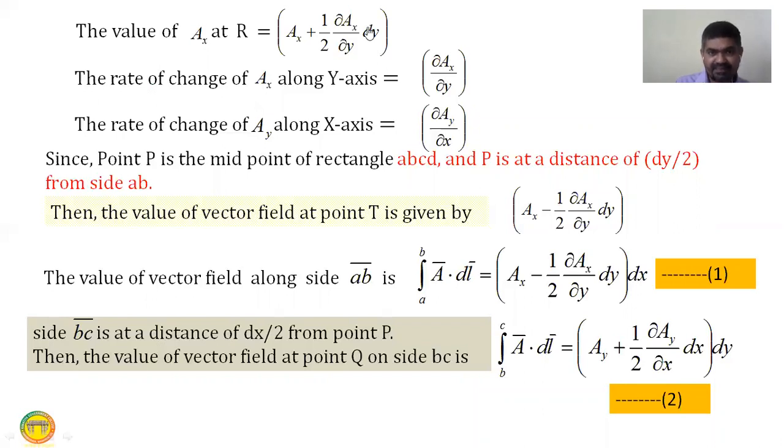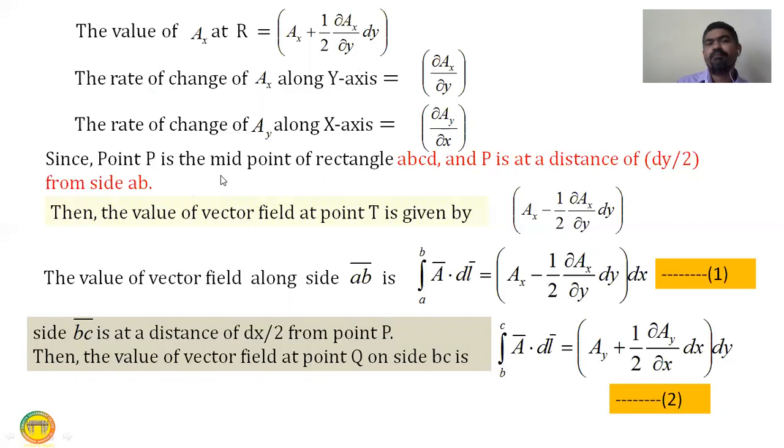The increment is 1 by 2 into ∂Ax/∂y into dy. Here we are going in the upper direction. Therefore, the increment ∂Ax/∂y is the rate of change of the Ax component along the y-axis. Therefore, the value at R is given by this expression. The rate of change of Ax along the y-axis equals ∂Ax/∂y. We have already discussed that the rate of change of Ay along the x-axis equals ∂Ay/∂x.